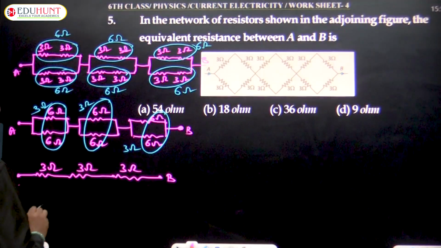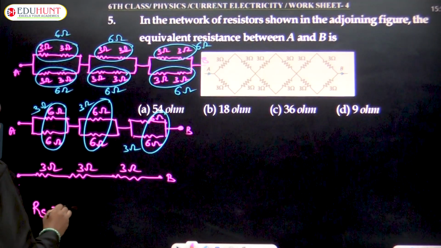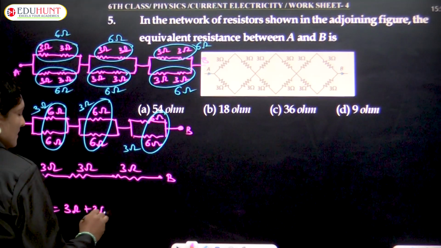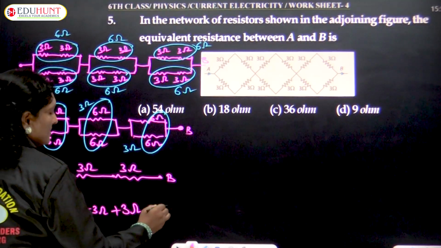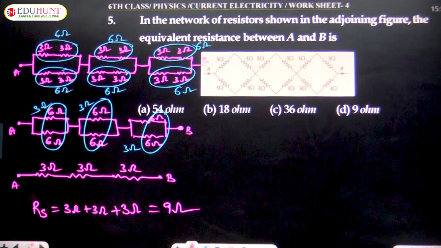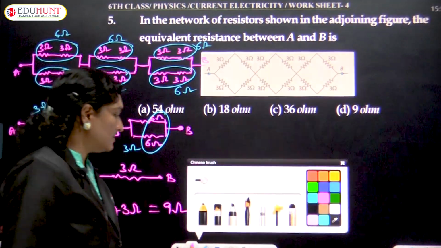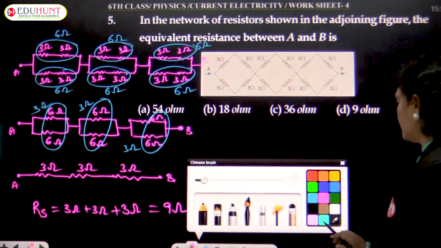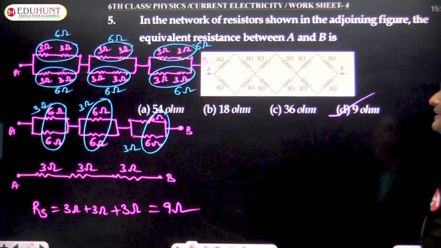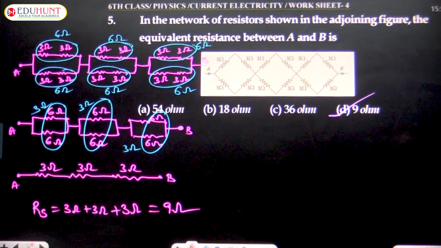Hence, simply adding, the equivalent resistance is 3 ohm plus 3 ohm plus 3 ohm, which is 9 ohm. And hence, the correct option must be option D, that is 9 ohm.